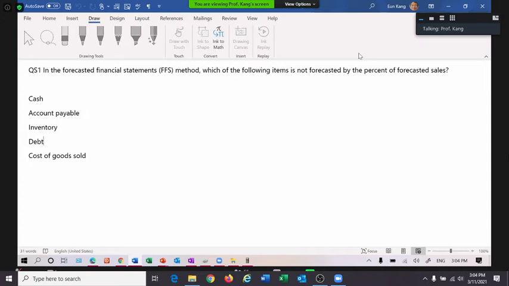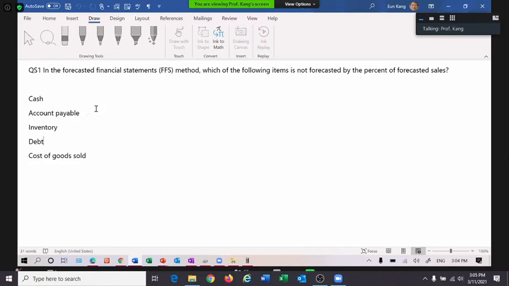So in the forecasted financial statement, FFS method, which of the following items is not forecasted by the percent of sales method? Cash, definitely cash is percentage of sales. Accounts payable, same thing, right?